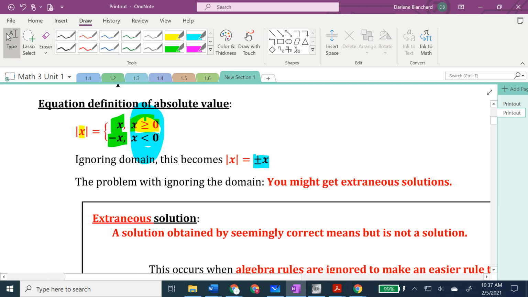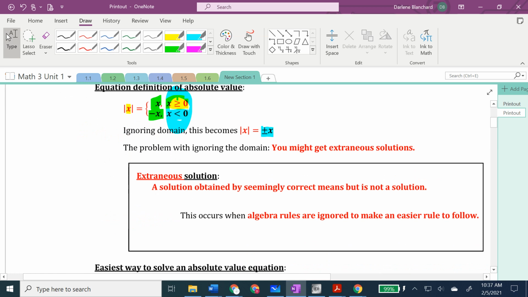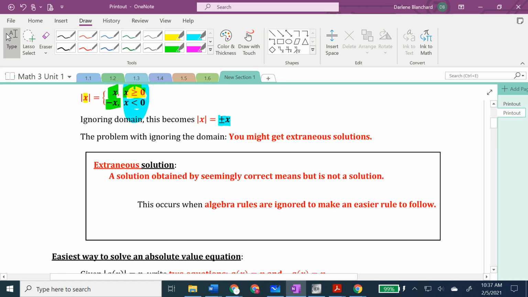But if you ignore the domain, that's when you get extraneous solutions. And I want to make sure you're clear that extraneous solutions are solutions obtained by seemingly correct means, but it actually isn't a solution. And it should bother you that you get extraneous solutions when you think you're doing all the correct work.